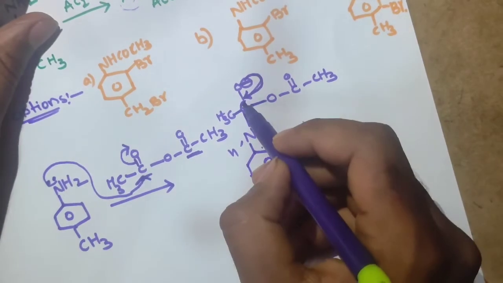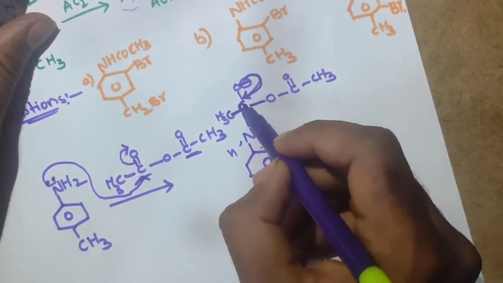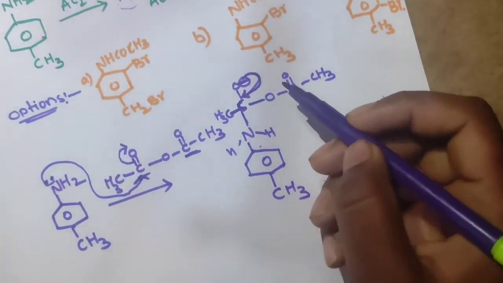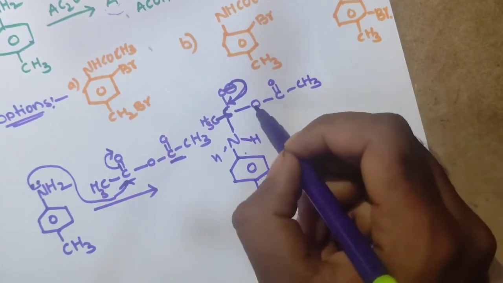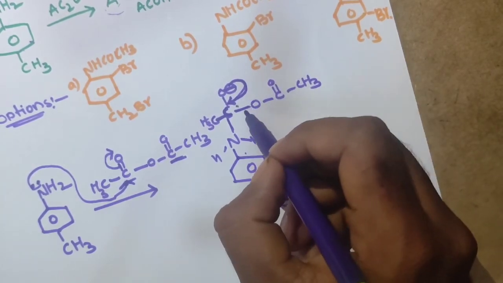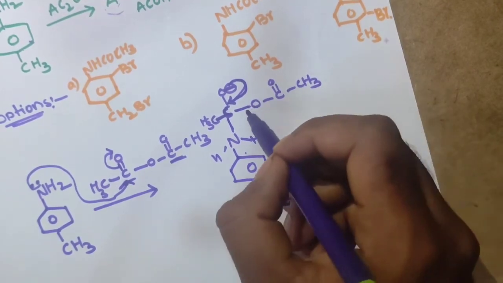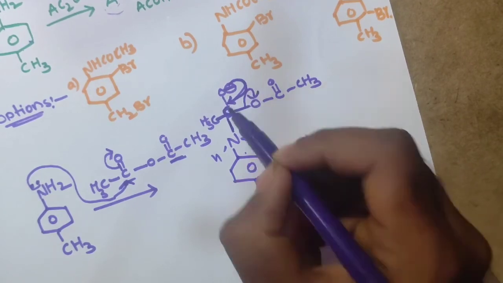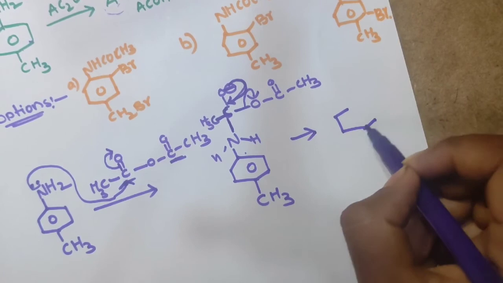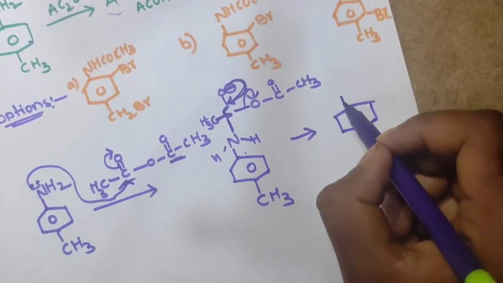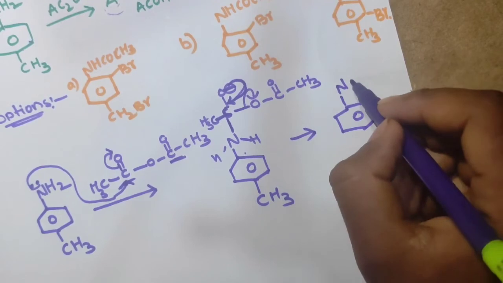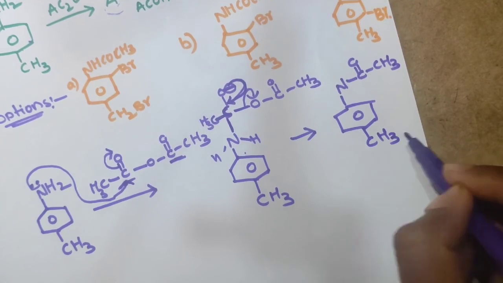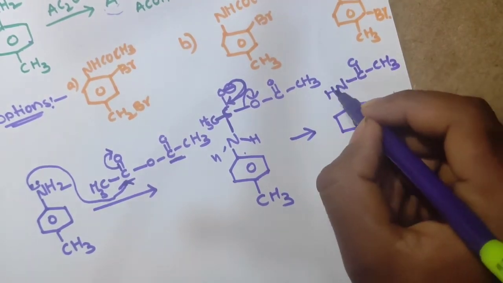Here, due to the pure covalent bond between this carbon and carbon, it will be stronger when compared to these two bonds. And now, because of conjugation between this oxygen and this oxygen, the bond breakage is relatively easier when compared to this nitrogen, and the bond will break here and we get a compound like this. Like this compound will form.